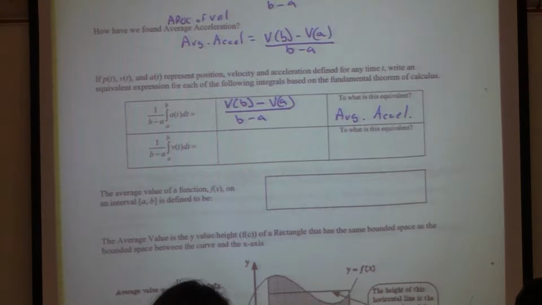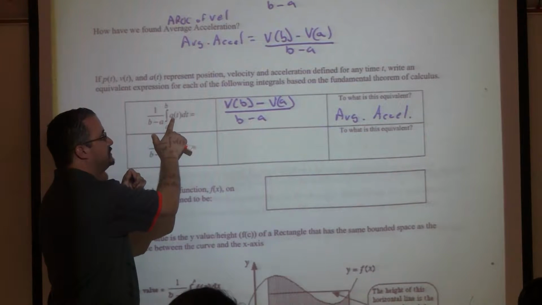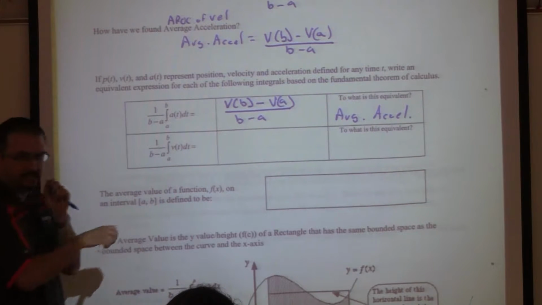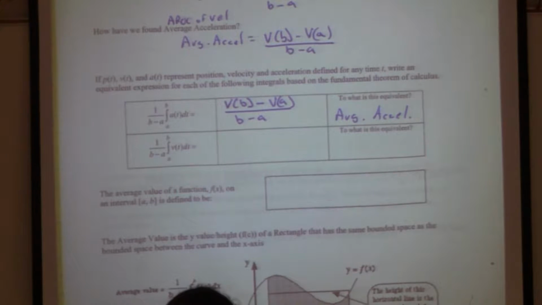Didn't it look like the one we just did over here, where we had that 1 over 8, the integral from 0 to 8 of t of x dx? What did this represent? The average temperature, right? Average whatever I'm integrating, right? So this was average acceleration. Do we understand? Yeah.